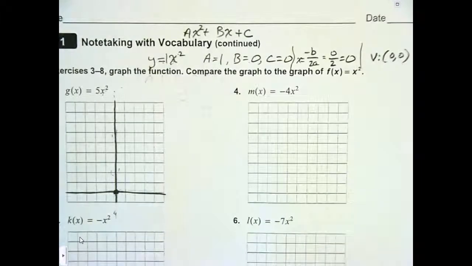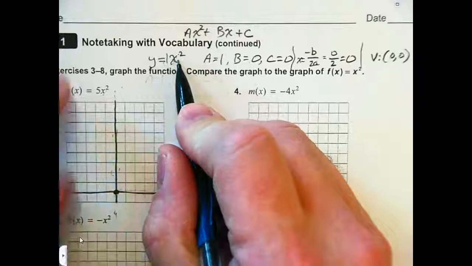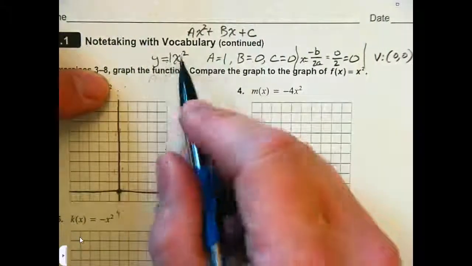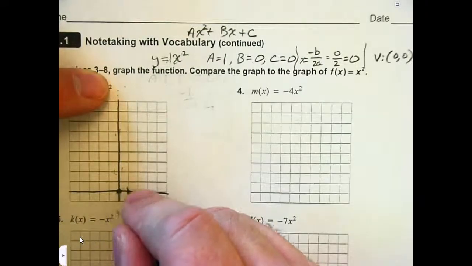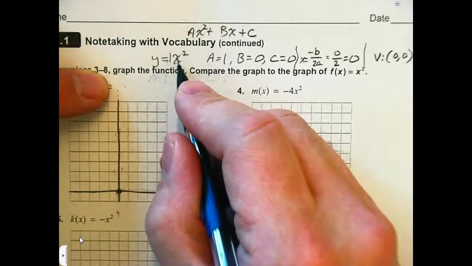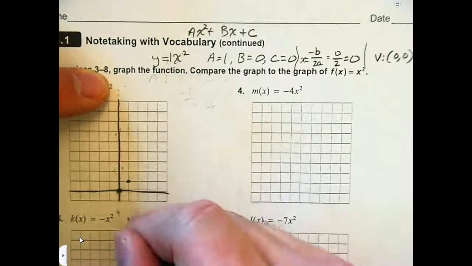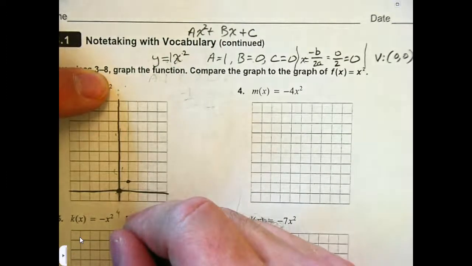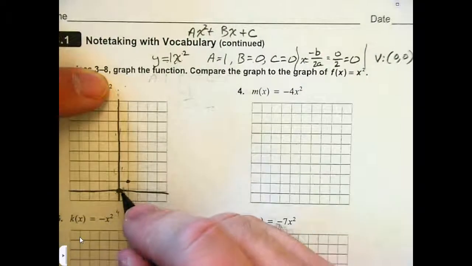All right, so here's how you graph these. If I have x squared, I'm not graphing 5x squared yet. I'm graphing this one. When x is 1, what's y? It's 1, right? When x is 2, what's y?